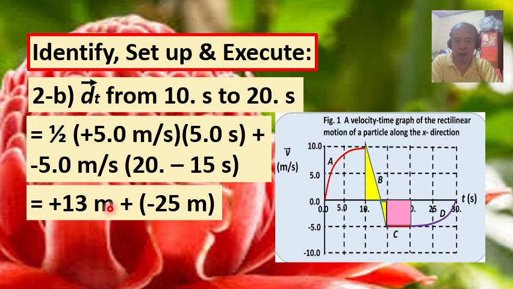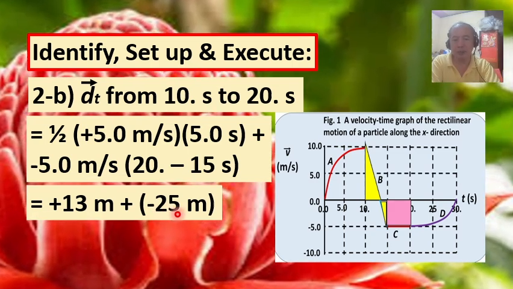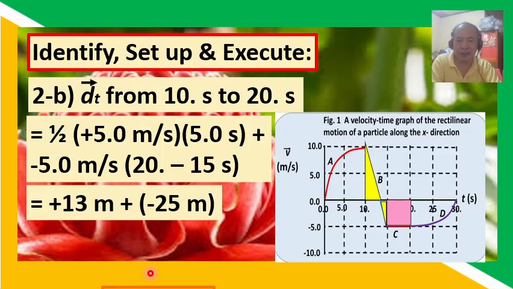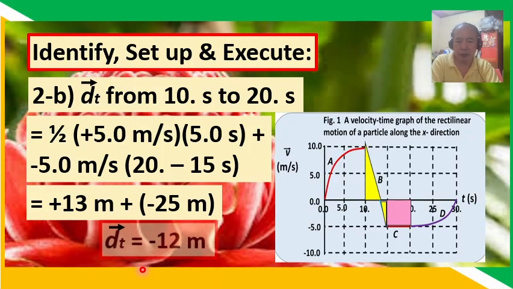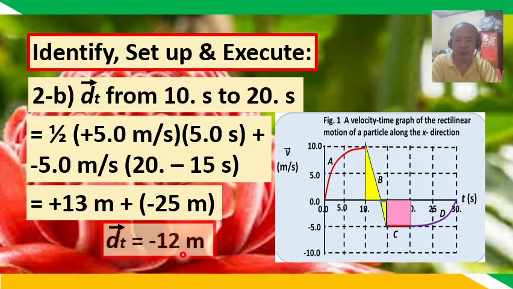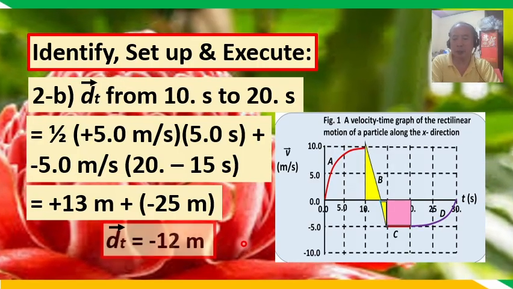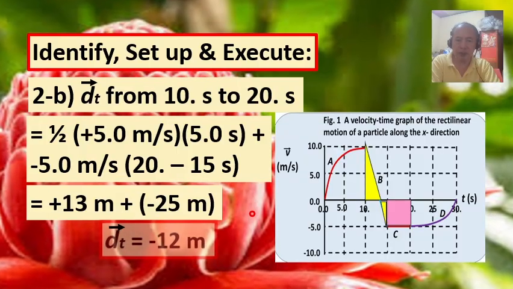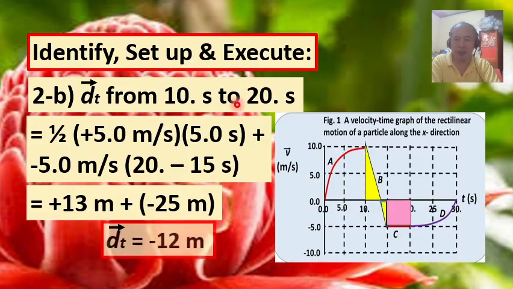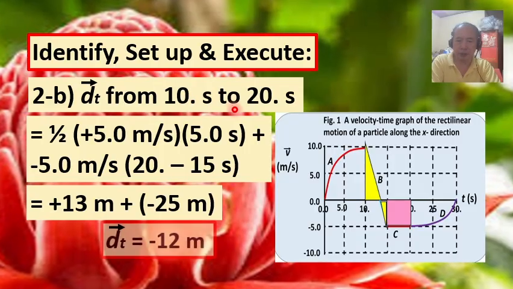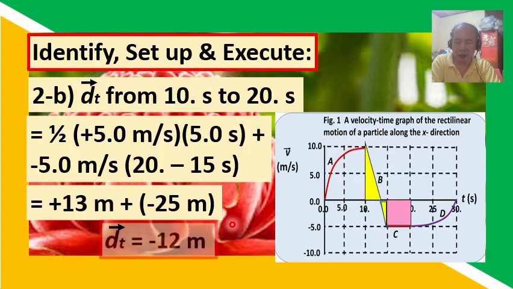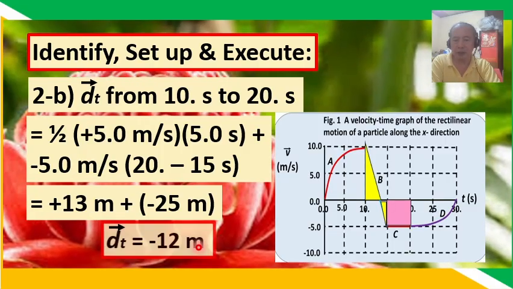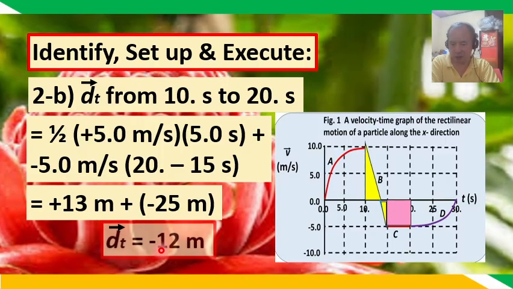So when these two displacements are combined or added vectorially, we get the net displacement equal to negative 12 meters in two significant figures. So this means that within this time interval, 10.0 seconds to 20.0 seconds, the particle has been displaced 12 meters west of the origin.